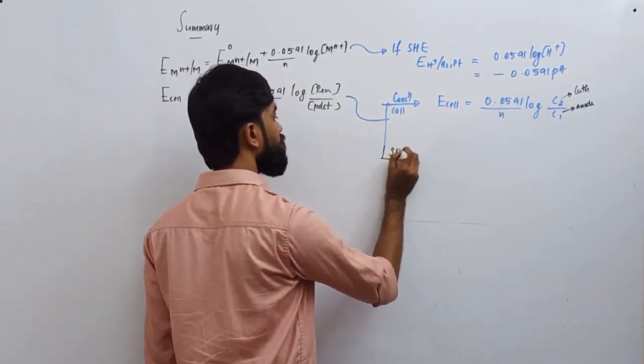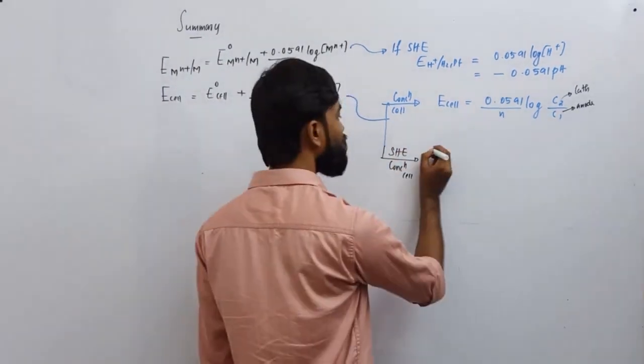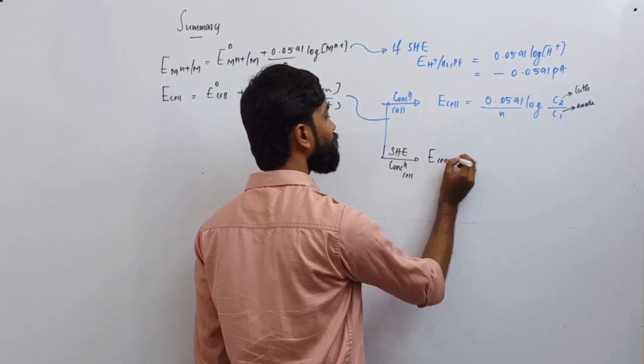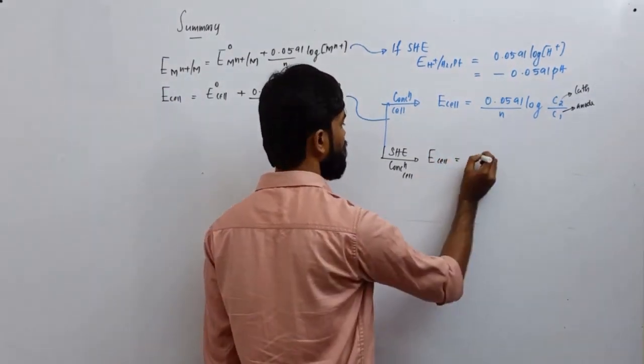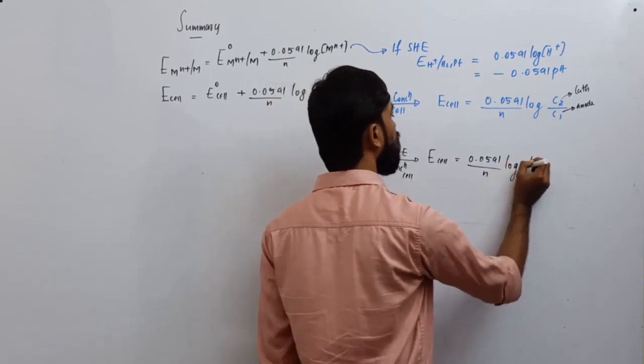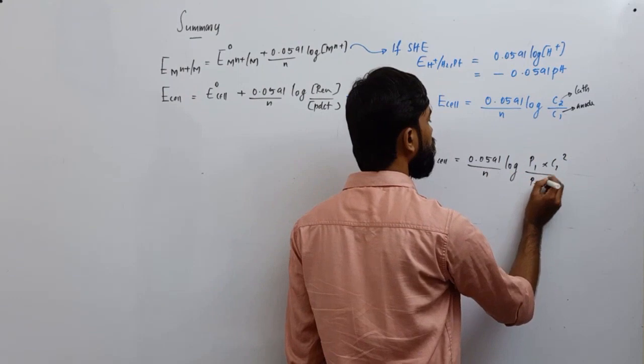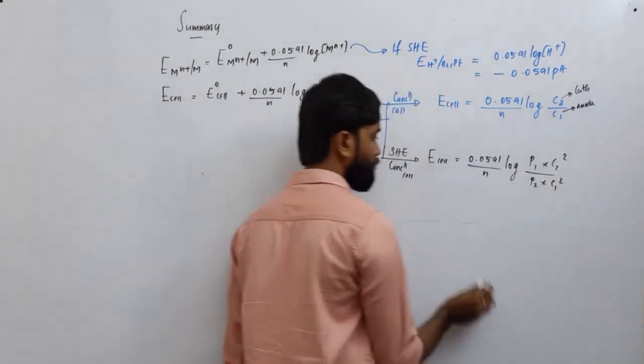If the concentration cell is a gas concentration cell, so E cell is equal to 0.0591 by n log P1 C2 square divided by P2 C1 square.